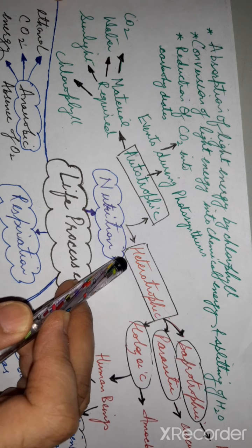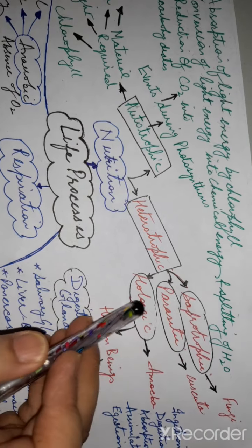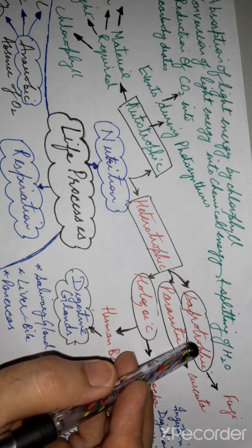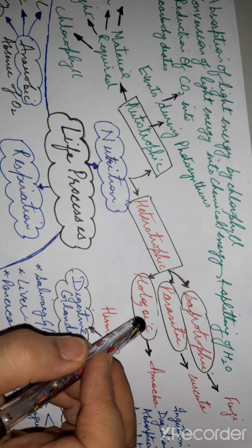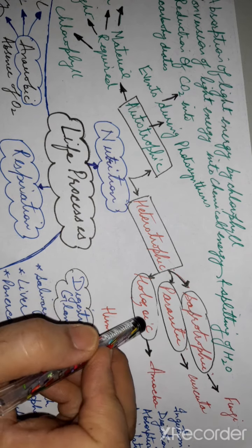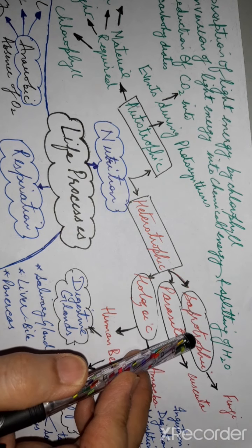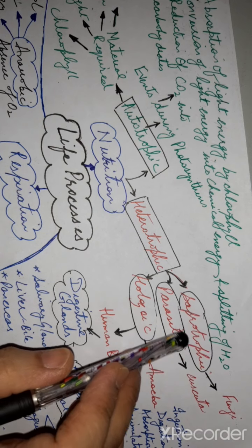The other mode of nutrition is heterotrophic. Again, there are 3 types of heterotrophic mode. One is saprotrophic, second is parasitic, and third is holozoic mode of nutrition. This saprotrophic mode of nutrition is shown by fungus. And what happens in it?